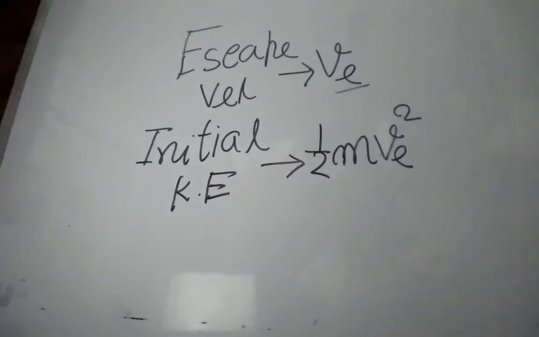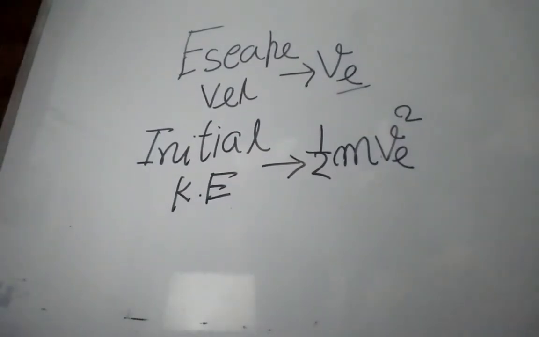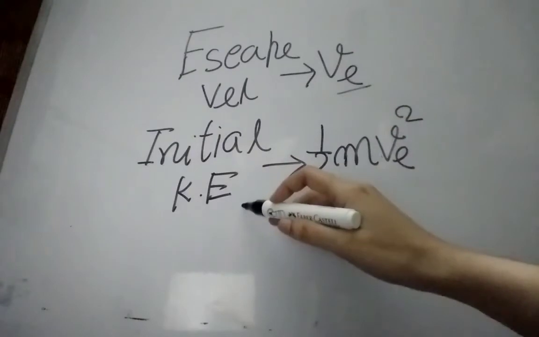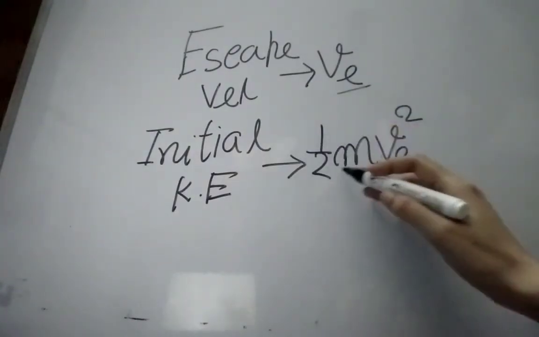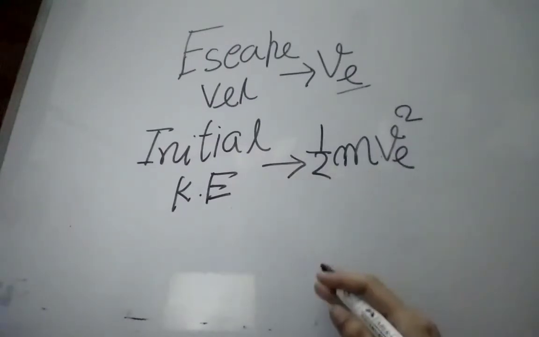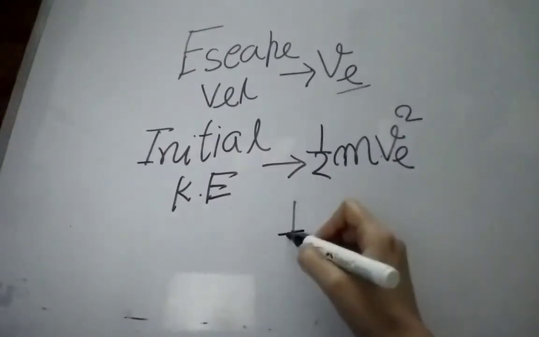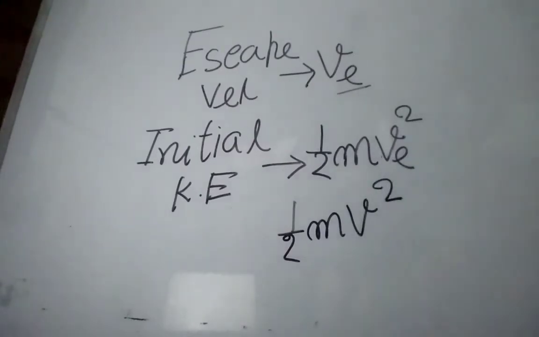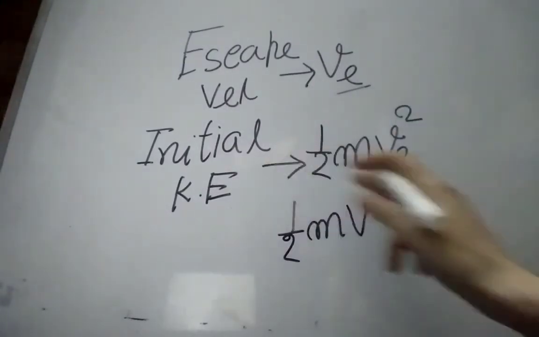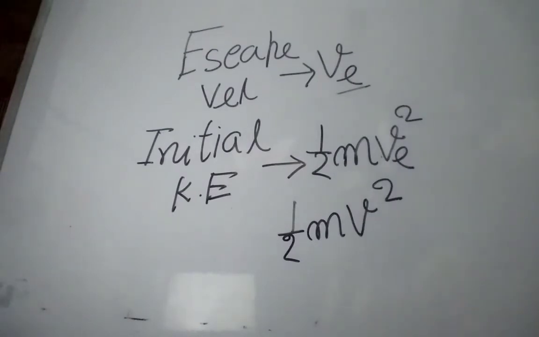Now we are denoting the escape velocity as VE, and the initial kinetic energy of this object is half m VE square, because we know that the formula of kinetic energy is half m v square. So here, as the velocity is VE, the initial kinetic energy of the object is half m VE square.